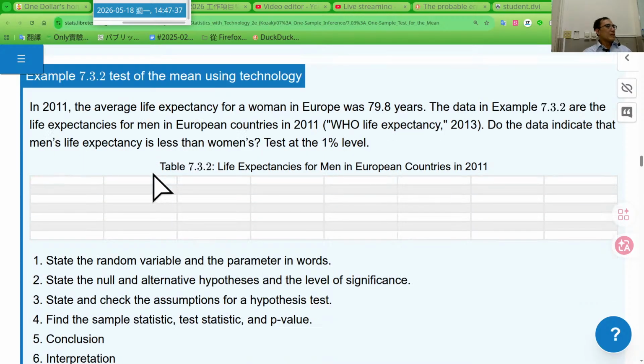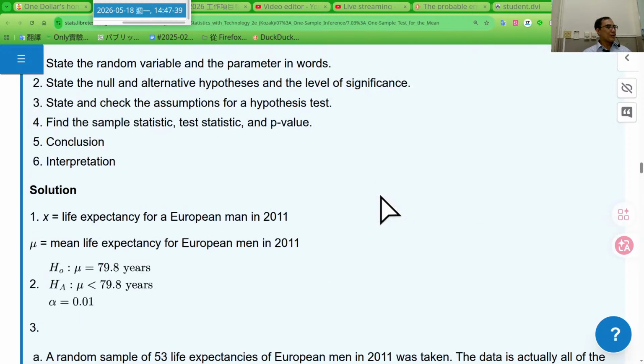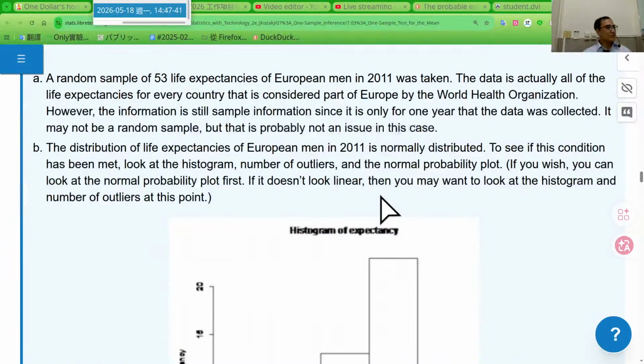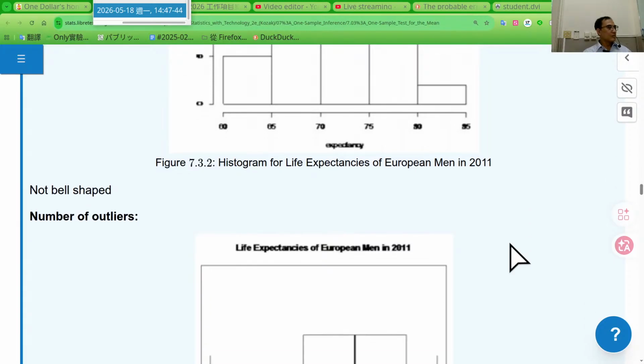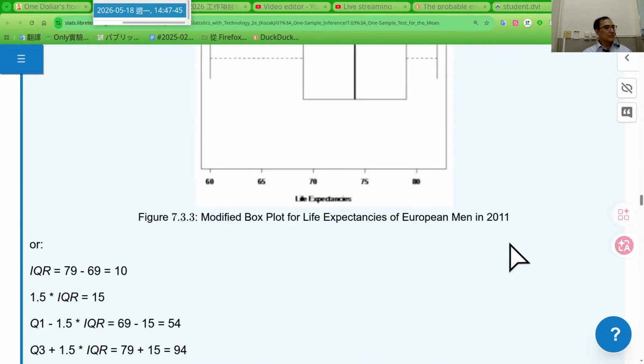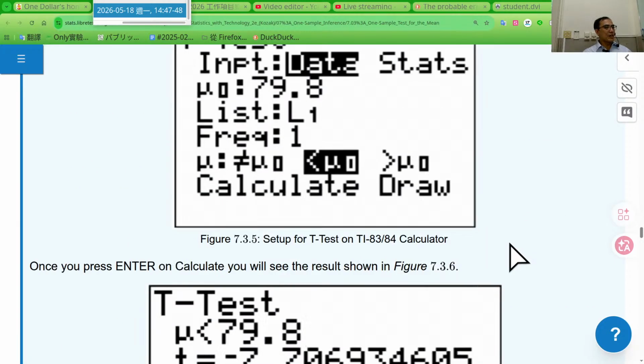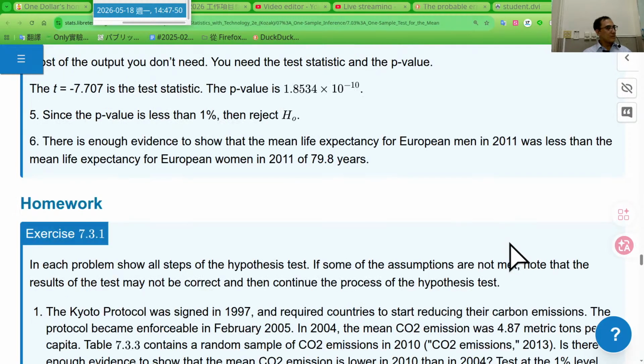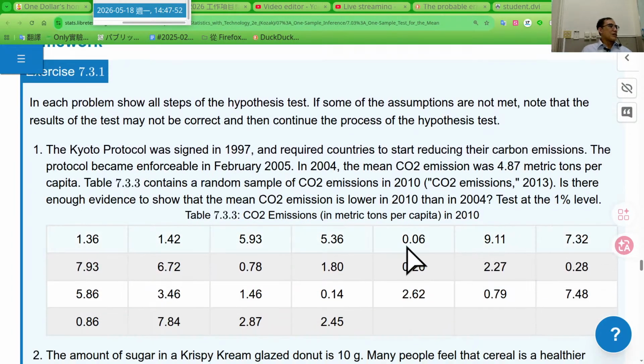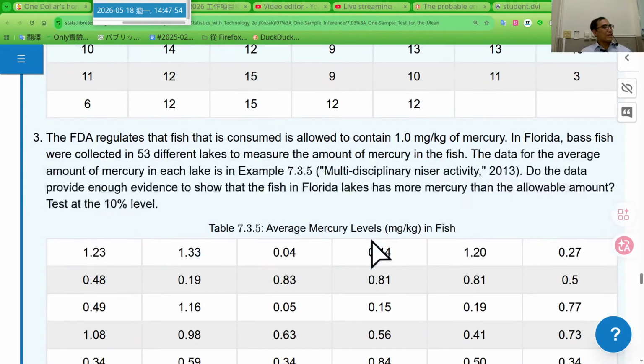Okay, example 7.3.2. Maybe we can check this. I just checked the homework. I like question number 3.